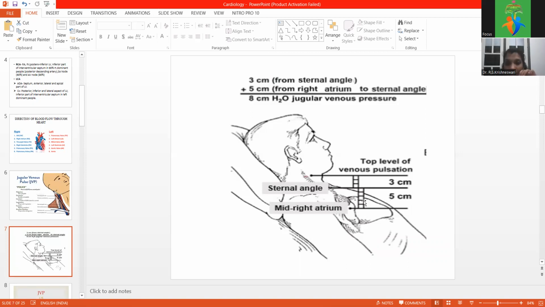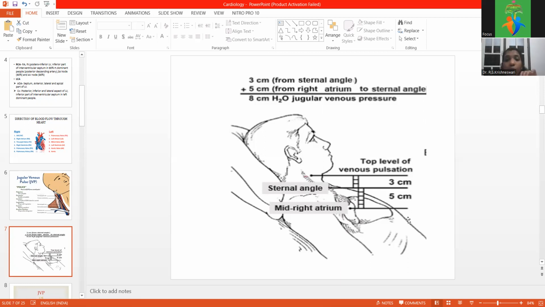And from the sternal angle to the top level of the venous pulsation, that is, in a normal person when we measure the jugular venous pulse from the sternal angle to the maximum height where we see the pulse, with the person reclined at 45 degrees, it is 3 centimeters. Be very careful. So the total normal is 8 centimeters.